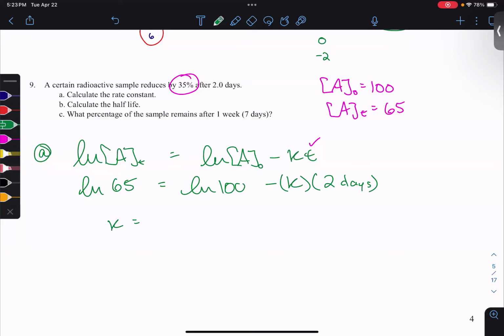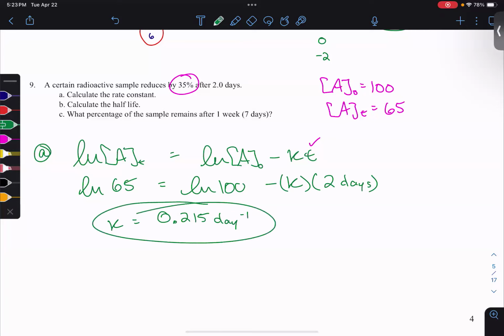So when you do that, you get k is equal to 0.215 days to the negative 1. That is k. Is that fast or slow? I don't know. So that's the reason, like k, it's hard to tell what the speed is. So that's why we take k and convert it into a half-life, because half-lives have more meaning to us.